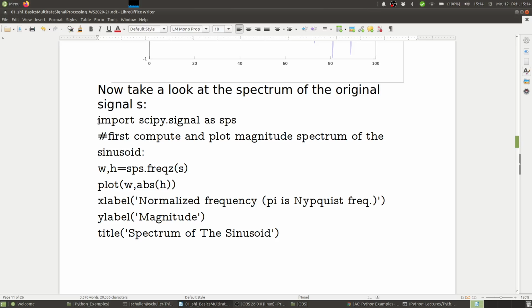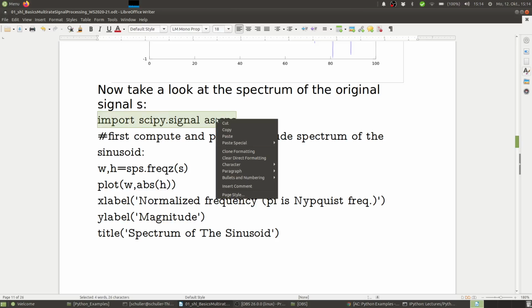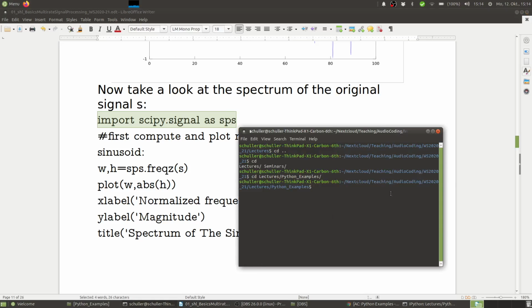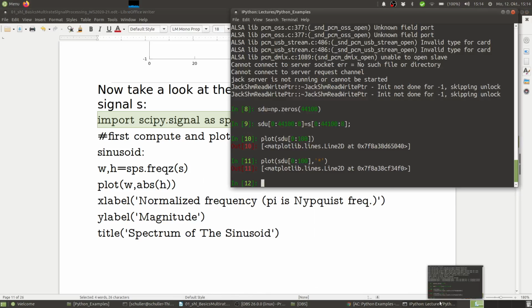And now the just mentioned SciPy. So we import the library or the module SciPy signal. So this has a submodule or sublibrary signal, and give it a short name SPS for convenience. So going back, that's not what I want.